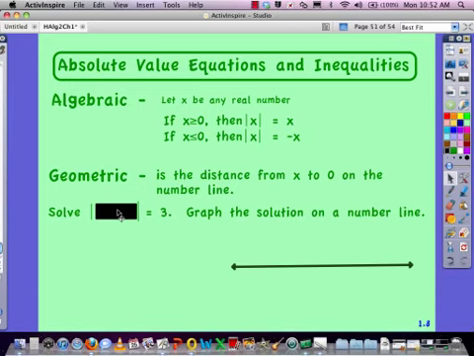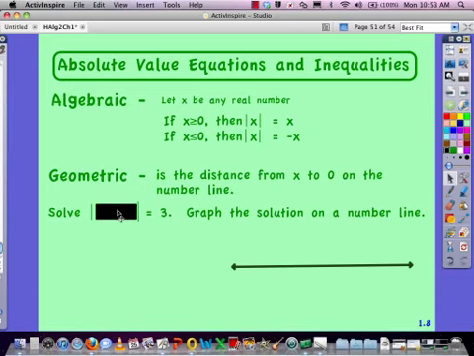So all the possible numbers could be one of two things. Because right now, not seeing what's underneath there, I know if this was positive, this could be a 3. I know this could also be -3 and be true. Because with absolute values, positive and negative numbers come out to be 3.